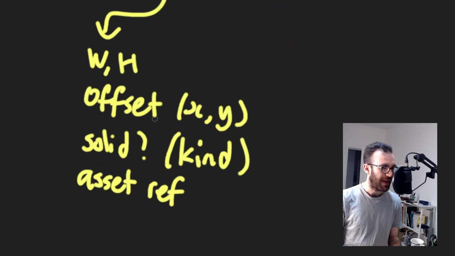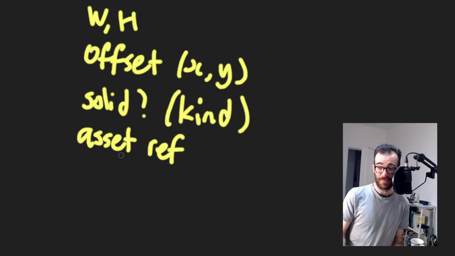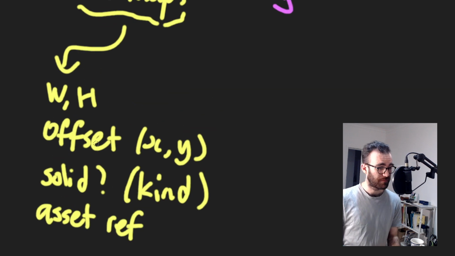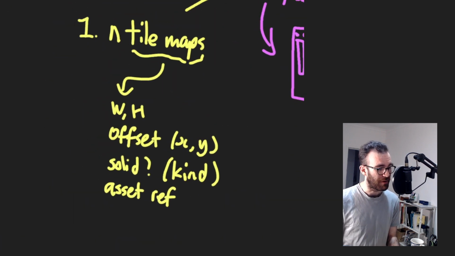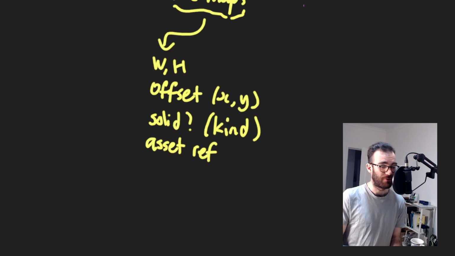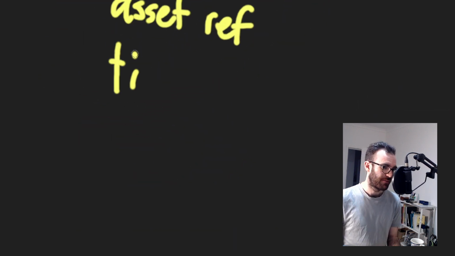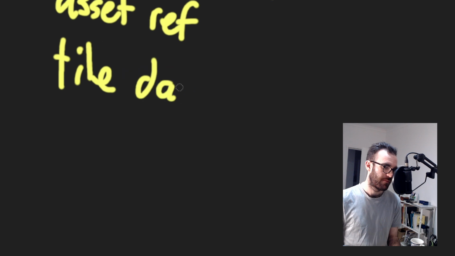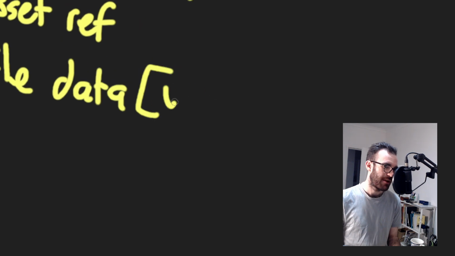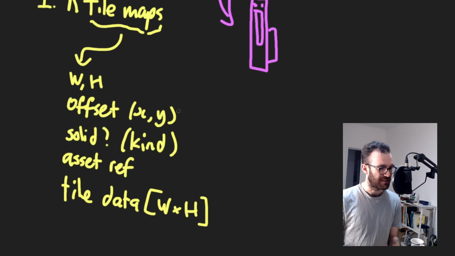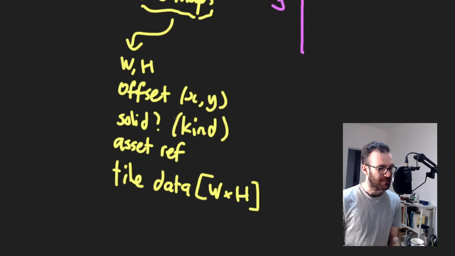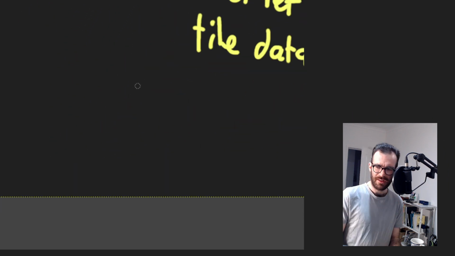What asset does this actually need to be drawn? Where does this tile set come from? What needs to be loaded in memory and resident in VRAM for it to draw? And then the actual tile data, which is an array of W by H, right? Something like this. So we'd have n of these, and that's all we really need for now.